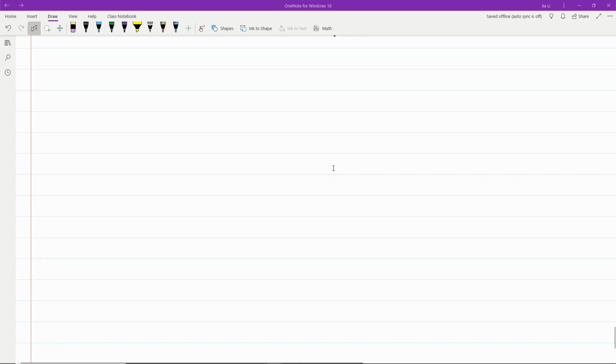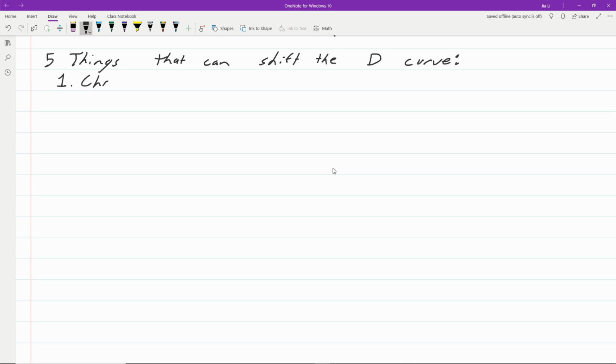First, just to list them out: 5 things that can shift the demand curve. Number one, a change in income.